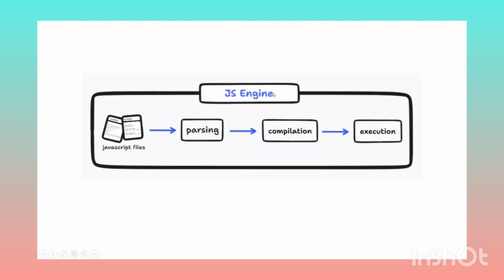We already know what happens at the time of execution, right? It will execute with the help of the components that we have discussed already. So let's see the first phase and second phase, and we'll look in more detail at these two phases on the JavaScript engine side.